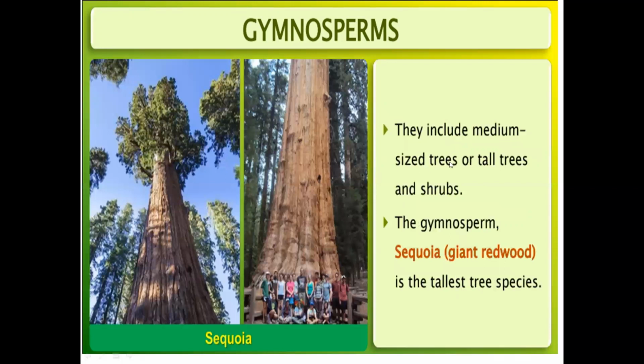Next, gymnosperms include medium-sized trees to tall trees and shrubs. The gymnosperm sequoia is the tallest tree. So write this: sequoia, giant redwood. You can see here the size of a human being and the size of the tree.